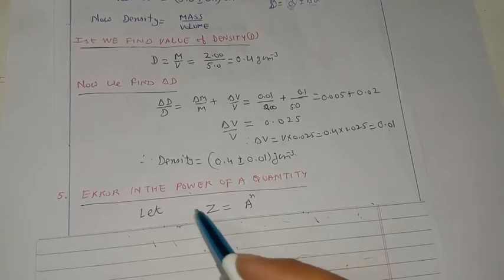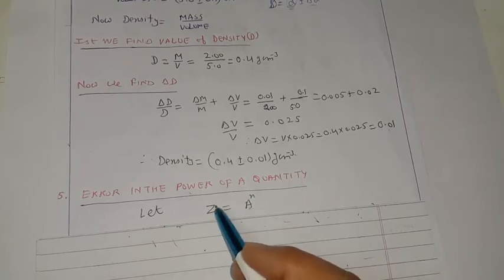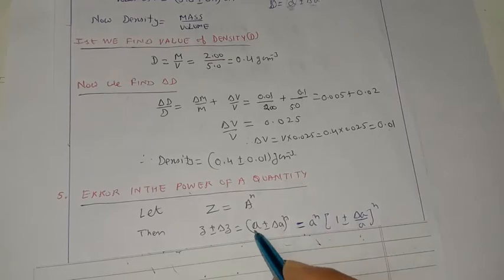So we have, if Z is equal to A raised to power N, and A has some error, how do we find the error in Z? Then Z plus minus delta Z will be equal to (A plus minus delta A) raised to power N. A is taken outside, common.